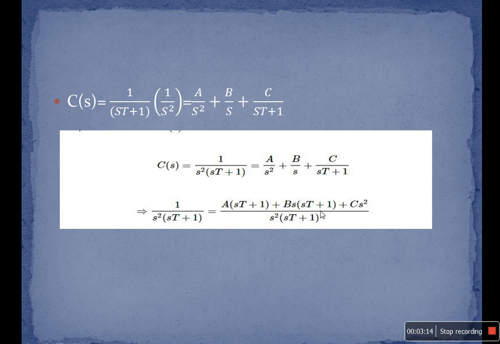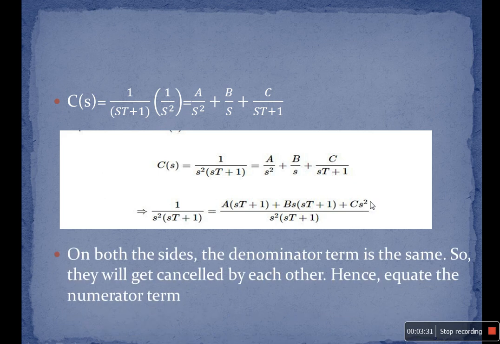Now the denominator parts are equal on both sides, so they cancel each other. Hence equate the numerator terms.